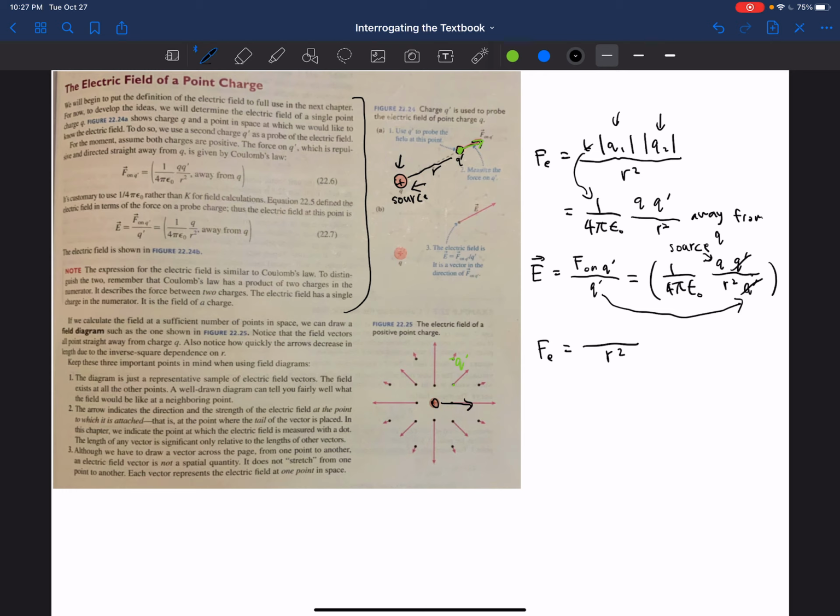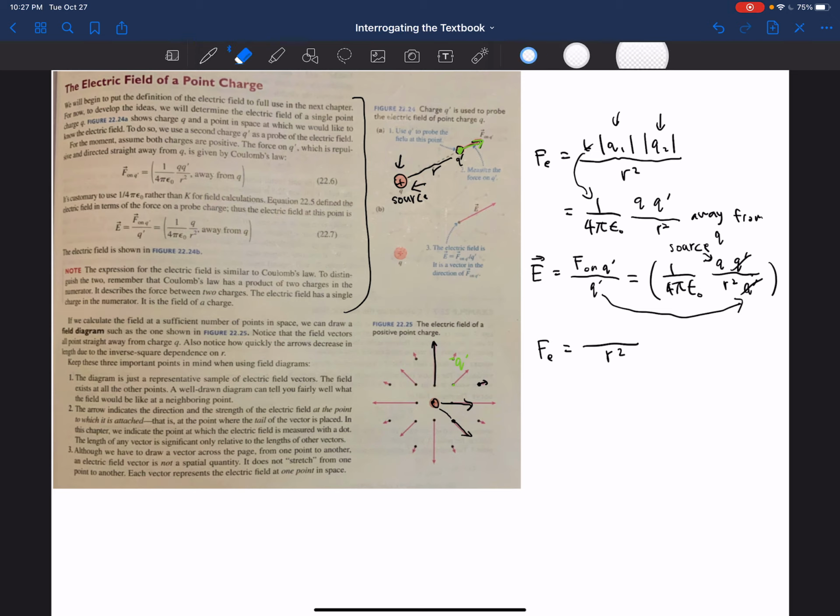So you can tell this length is a lot shorter than this, since it's a lot farther. Also, I want to mention that the direction is formed by the test charge and the source charge. When you connect the two, the direction exerted on the test charge forms a straight line.